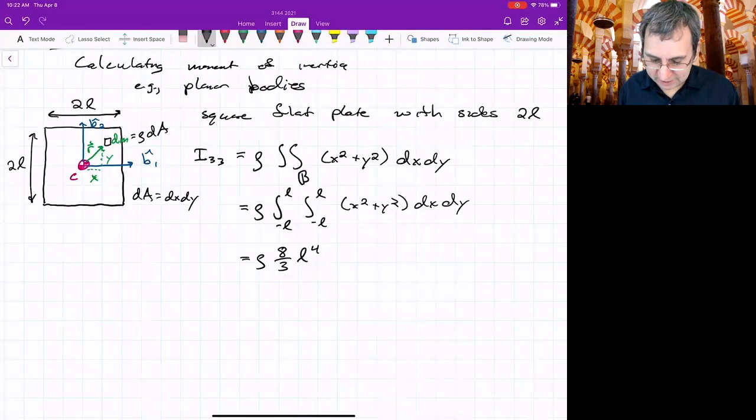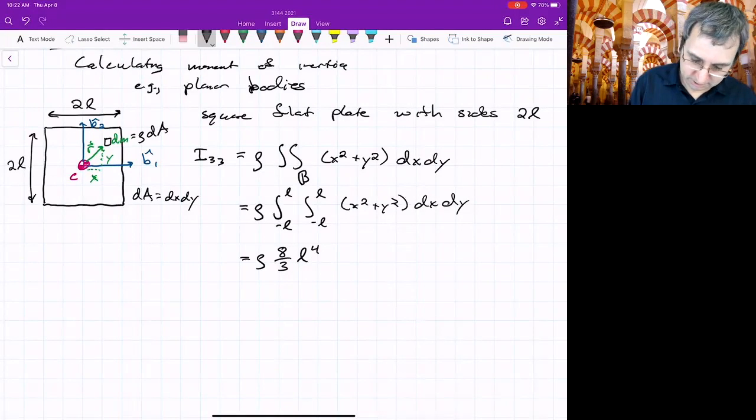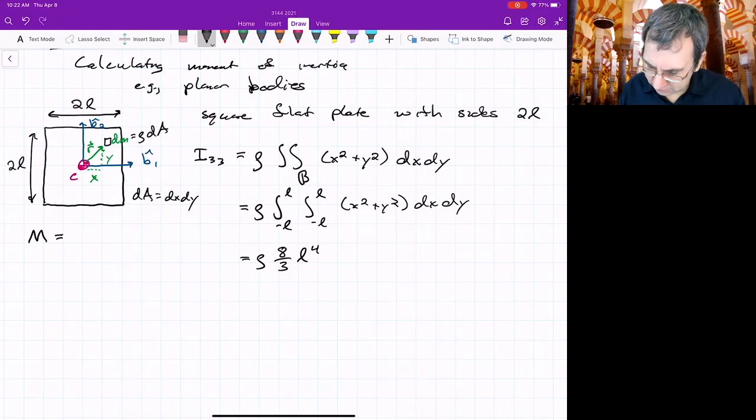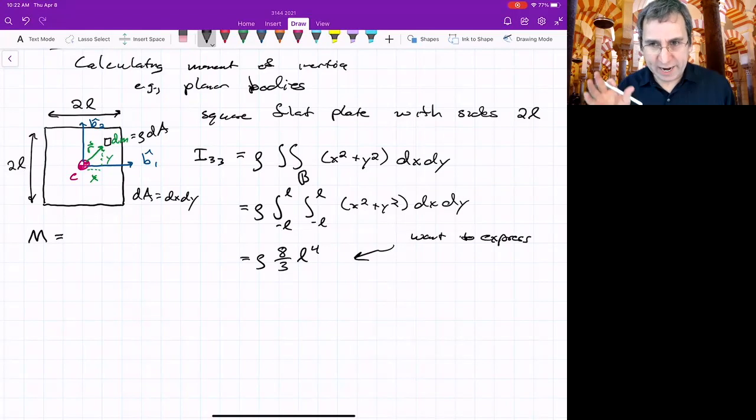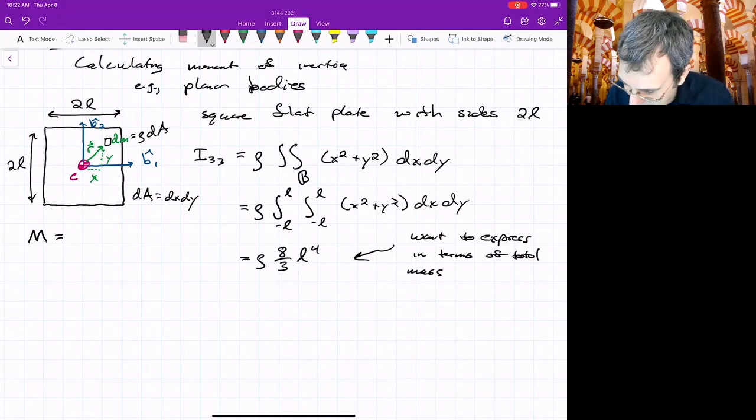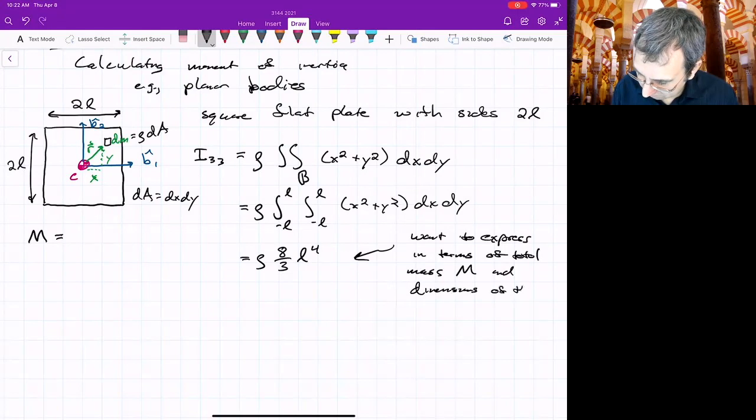And now we need to know what the density is. Well, for this thing, since it's a planar body, mass is, and I guess this is another thing. You usually want to express the moments of inertia in terms of the mass and dimensions of the body. L is already an important dimension of the body. You could leave it like that. This is correct, but typically you want to express in terms of the total mass and dimensions of the body.